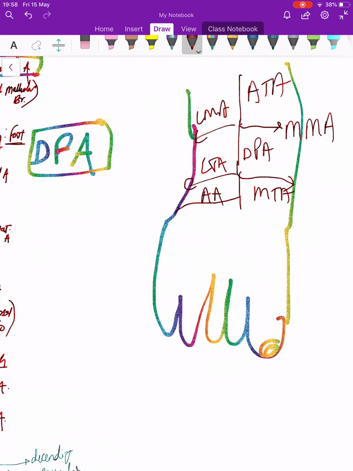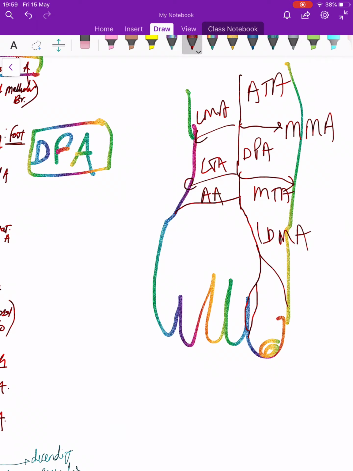All right, and one branch from this dorsalis pedis artery also goes to the first dorsal metatarsal artery. ठीक है, it will give a first dorsal metatarsal artery like this.